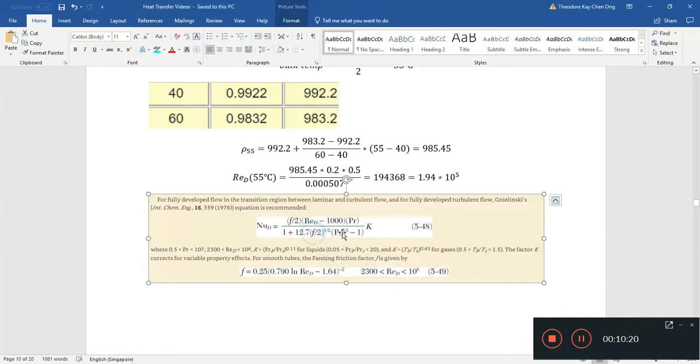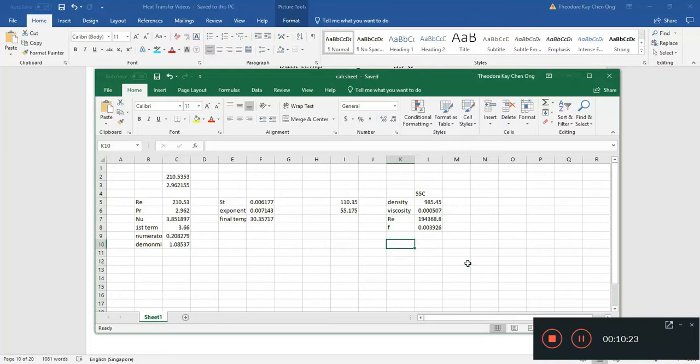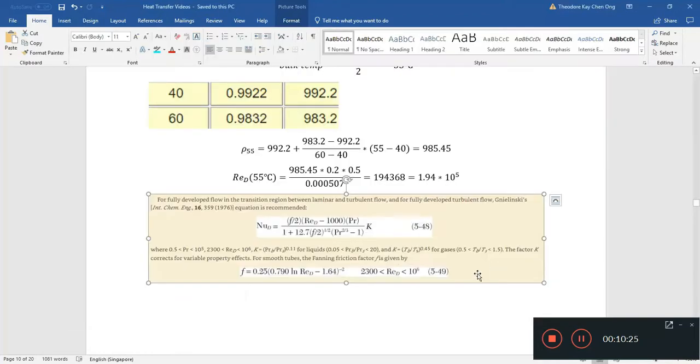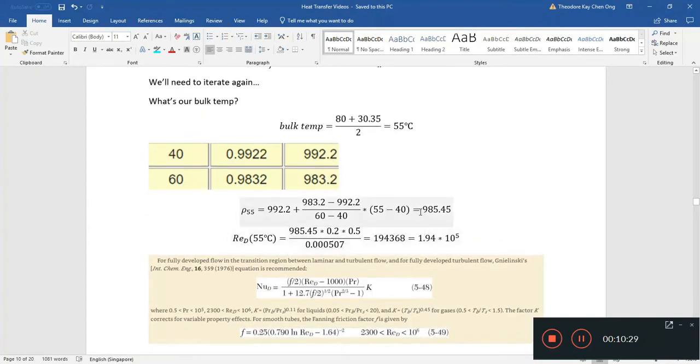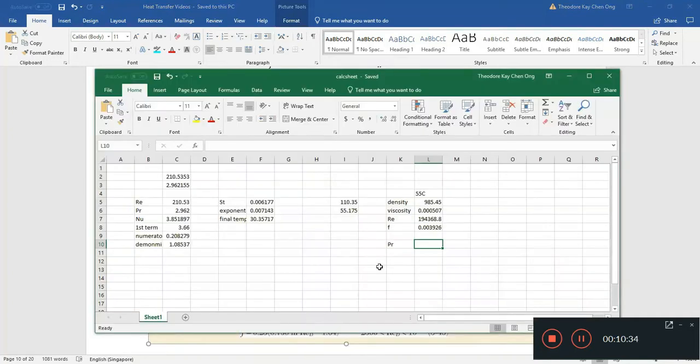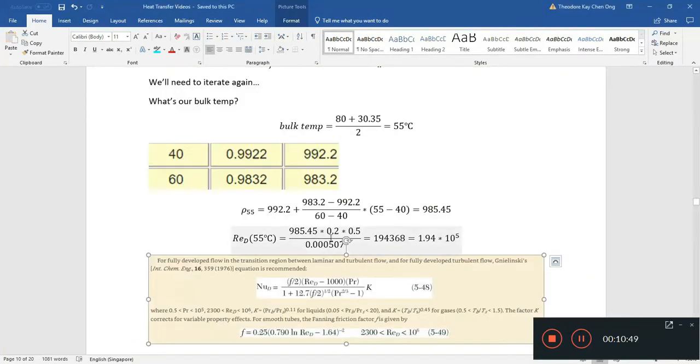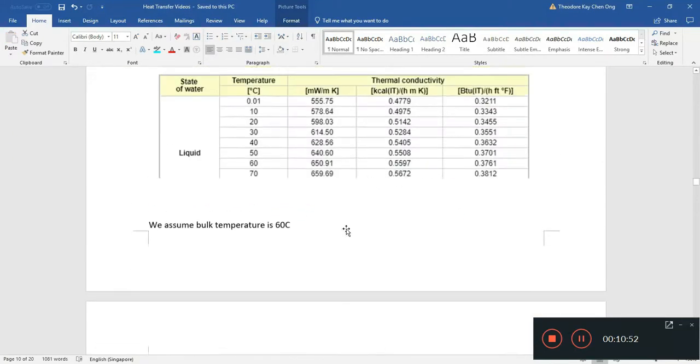Now we have F, we need a Prandtl number. Prandtl number is mu Cp over K. The mu is what we calculated then. Prandtl number equals viscosity times Cp over K. Let's look for Cp.